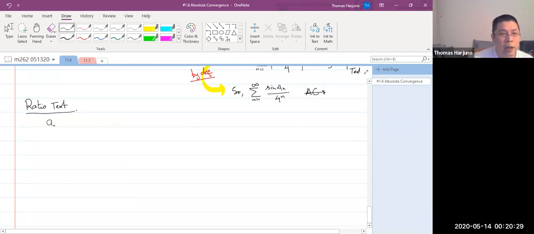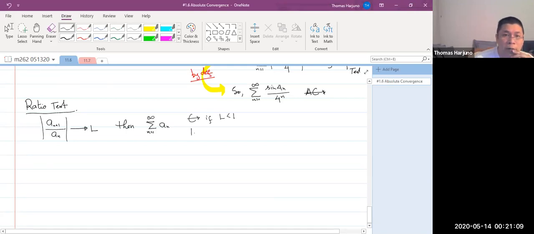If a sub n plus 1 over a sub n, in absolute value, converges to L, then the series is convergent if L is less than 1.